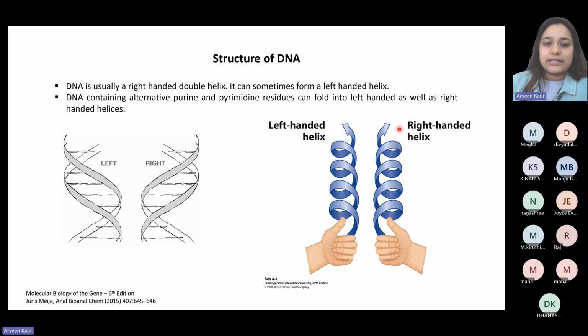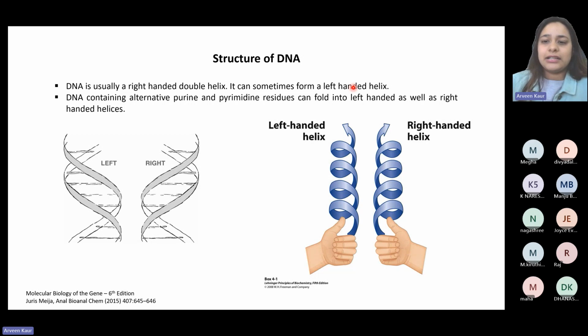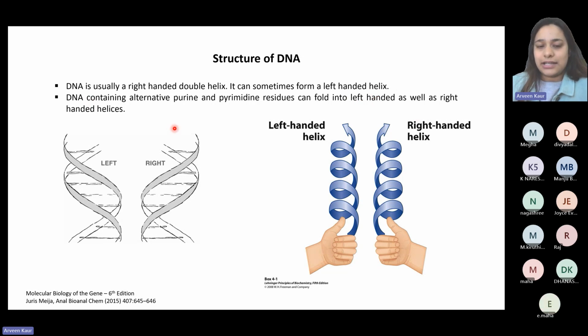In case of a right-handed helix, usually if the DNA bases are present in any random fashion, they will form a right-handed helix. Some forms of DNA that are right-handed are the B form, A form, etc. But if the DNA contains alternating purine and pyrimidine residues, it can fold into a left-handed as well as a right-handed helix.